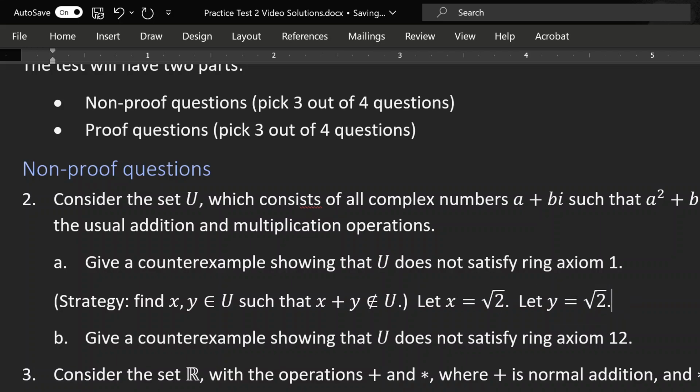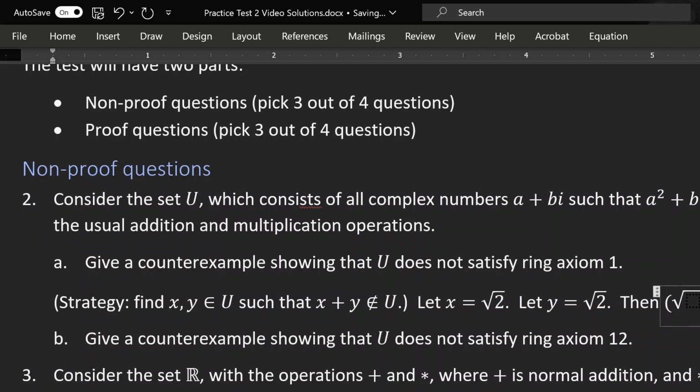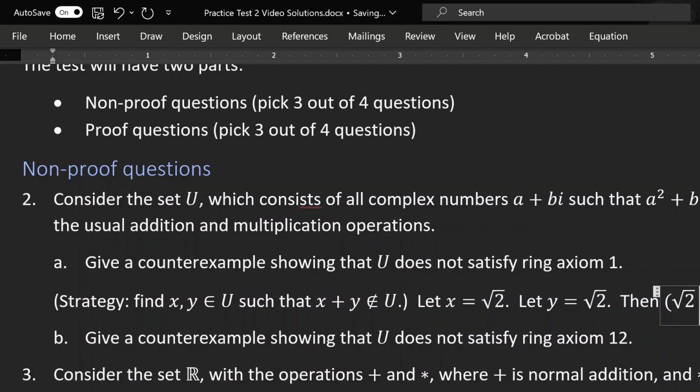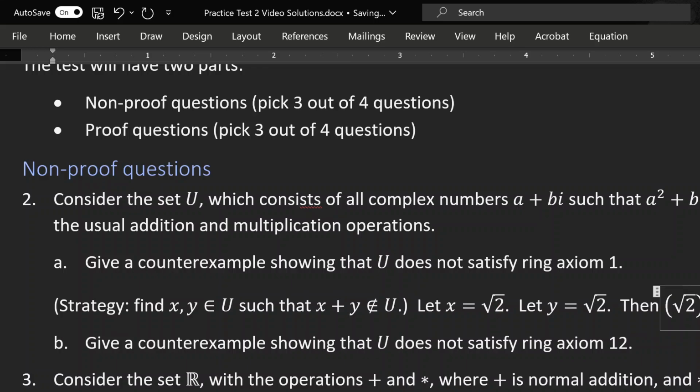Just in case it wasn't obvious that X and Y are in U, when you calculate the A squared plus B squared for both of them, you get 2, which satisfies the equation for membership in U. So X and Y are in U.